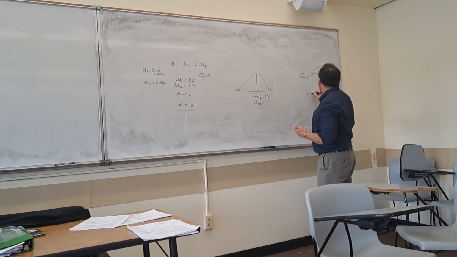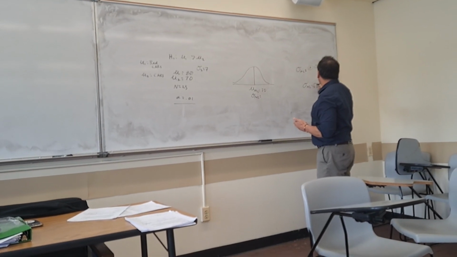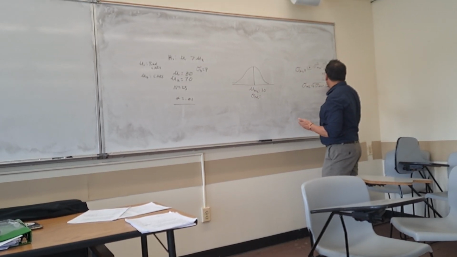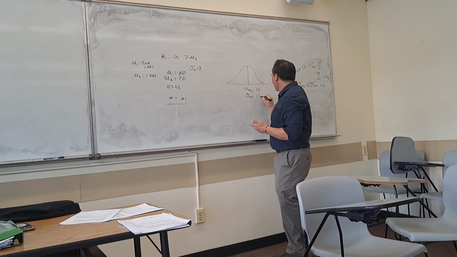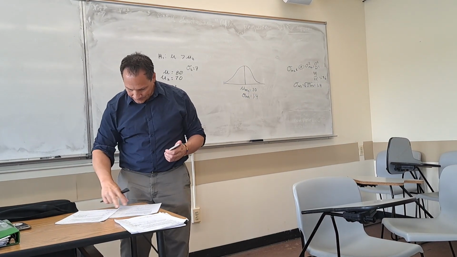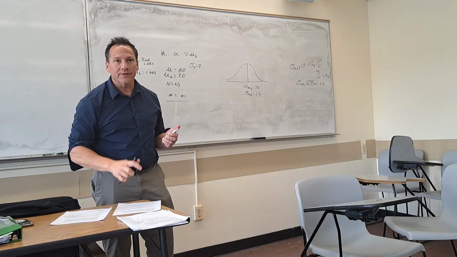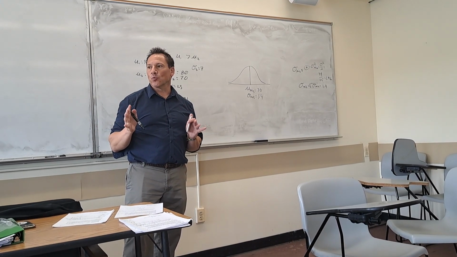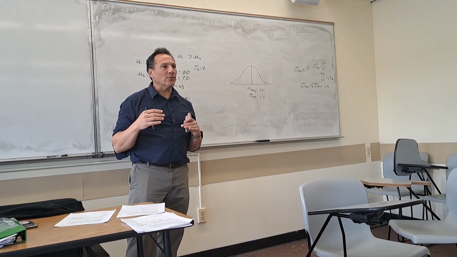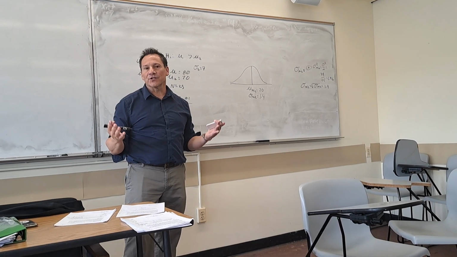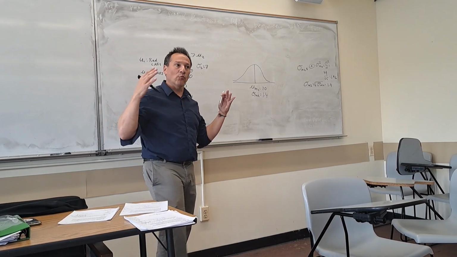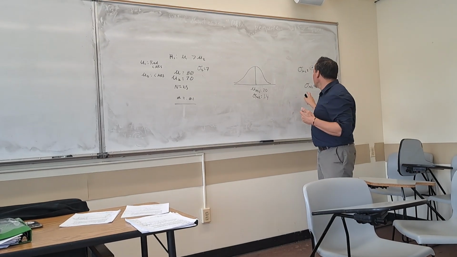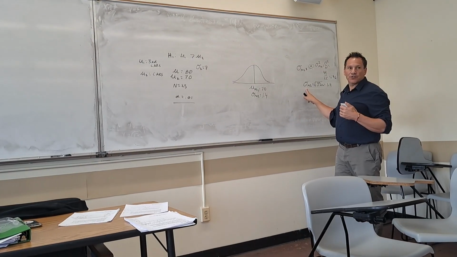Then sigma sub m sub 2 is the square root of 1.96, which is 1.4. So the standard deviation of the comparison distribution is 1.4. Some people put the population standard deviation. You remember, once your n is greater than 1, you're dealing with a distribution of means. Your standard deviation must be a standard deviation of a distribution of means.